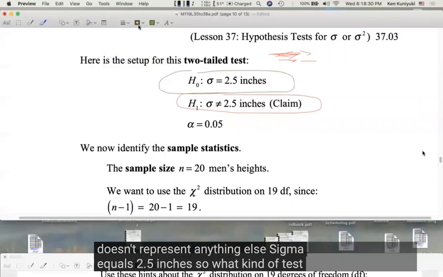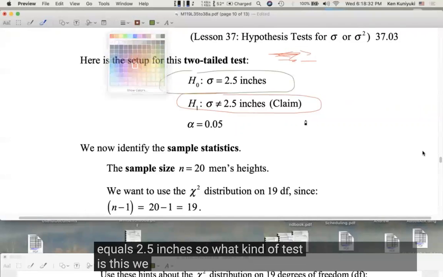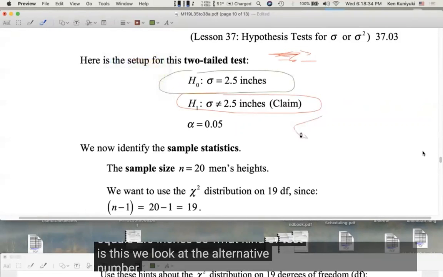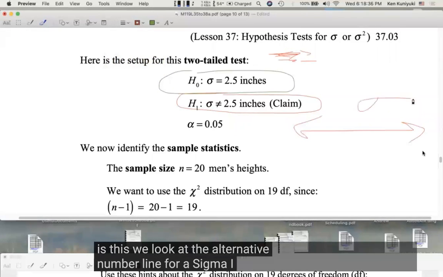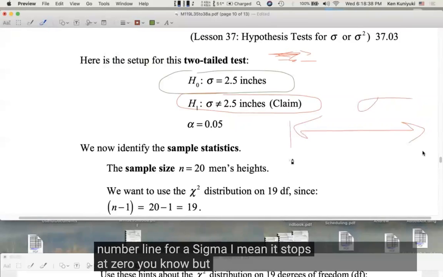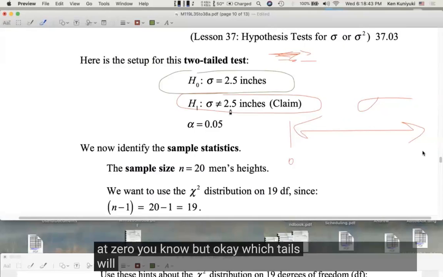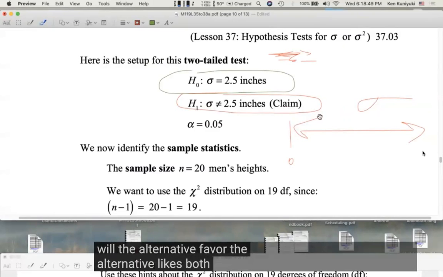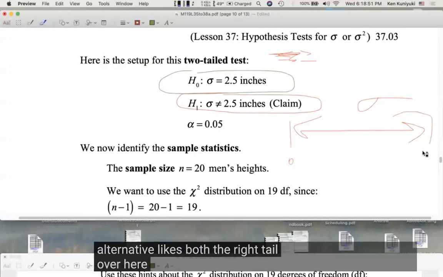So what kind of test is this? We look at the alternative. Number line for sigma. I mean, it stops at 0, but okay. Which tails will the alternative favor? The alternative likes both the right tail over here and the left tail over here.